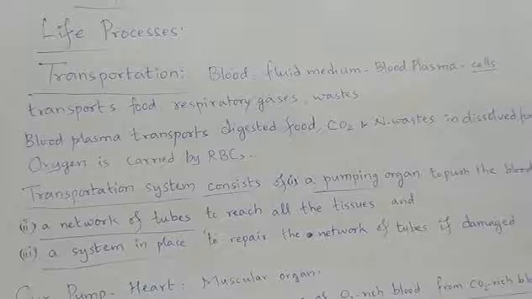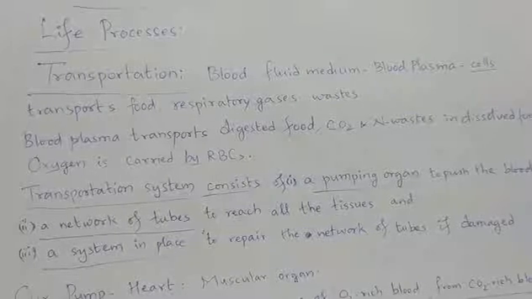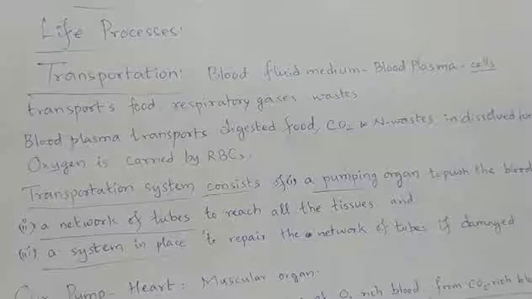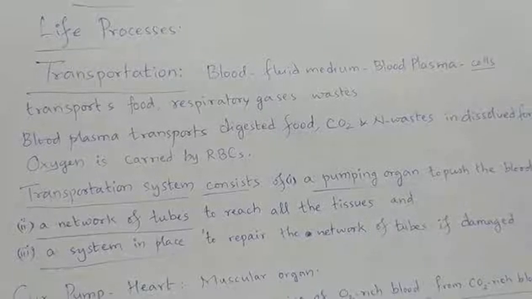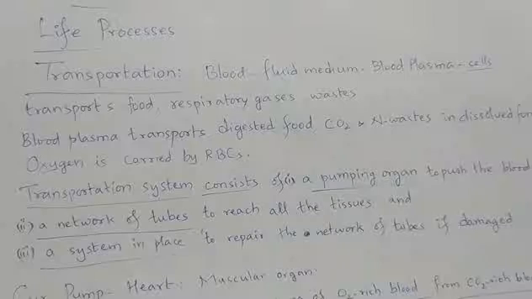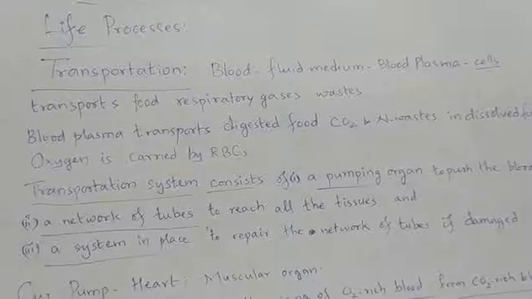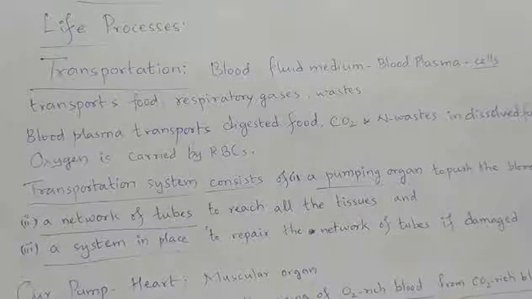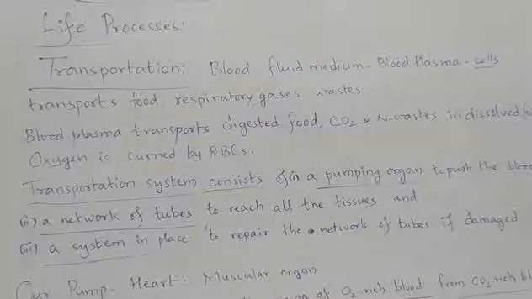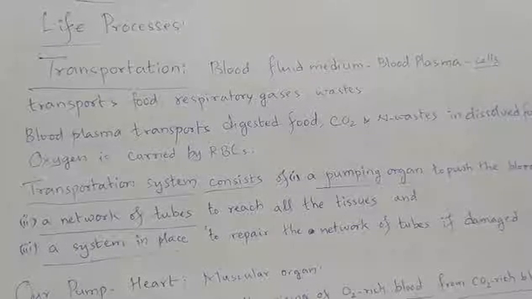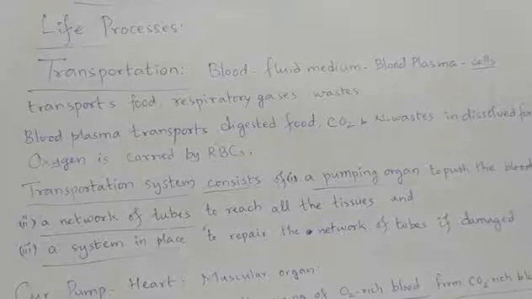Blood plasma transports the digested food, carbon dioxide, and nitrogenous wastes in their dissolved form. Blood plasma does not transport oxygen because oxygen has poor solubility in blood plasma.